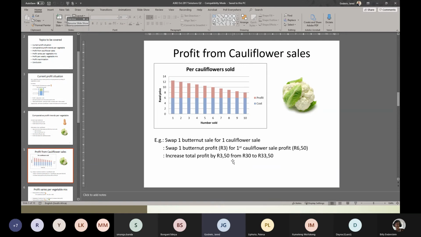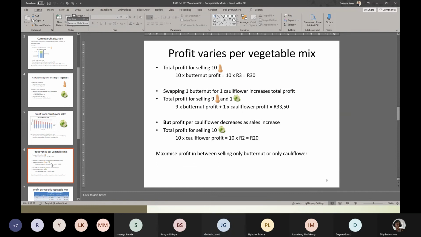So if you swapped your first butternut, which gives you a profit of R3 usually, for a cauliflower, which gives you a profit of R6.50, you get an additional R3.50, which gives you a total R33.50. Now you're making it real for the audience. Now they're going, aha, this is why you're telling me about this. But there's a catch. We can't just maximize the number that we sell, because it decreases with each unit we sell. And that's what this is now talking about.